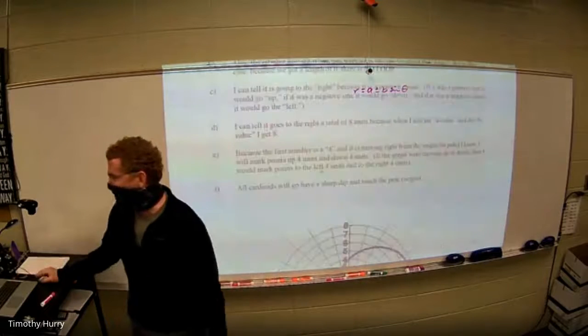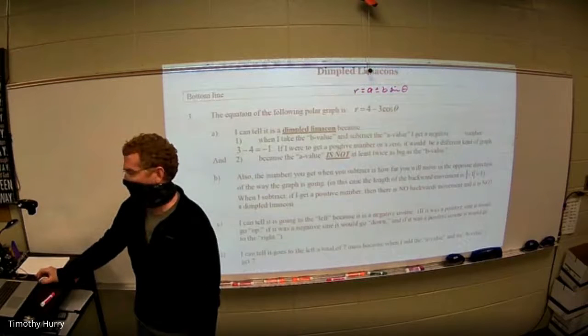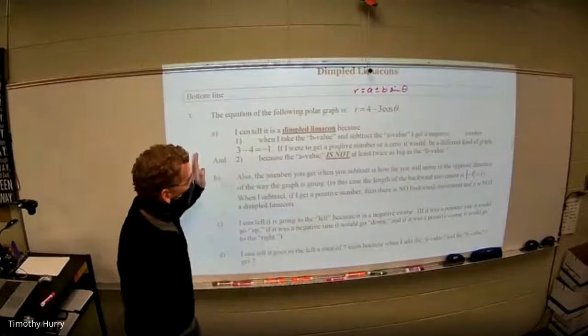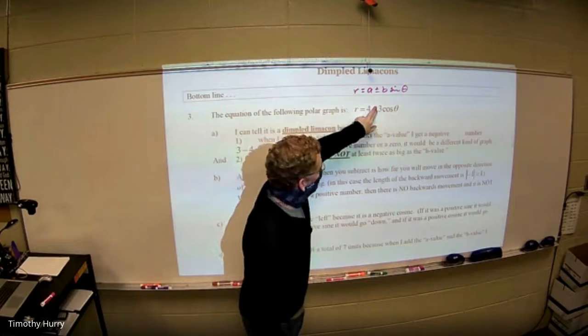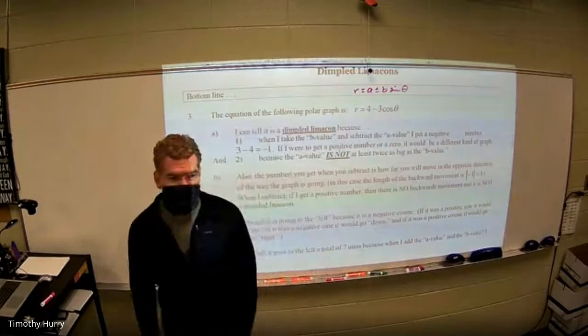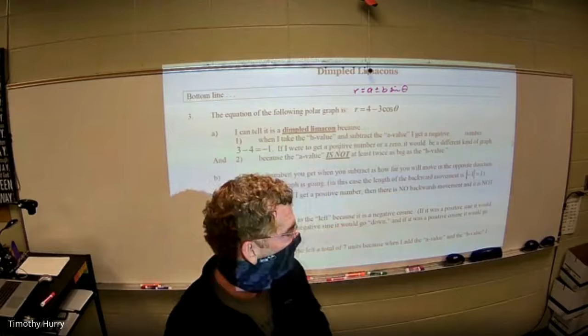So the next one's the dimpled limaçon. That was the cardioid we just described. So the dimpled limaçon, at the end of the day on Friday, says, in this case, if I go 4, and again, I'm not using that sign, I'm just thinking 4 minus 3, I get a positive value. Now, if I go 3 minus 4, the negative value is the length of the loop.